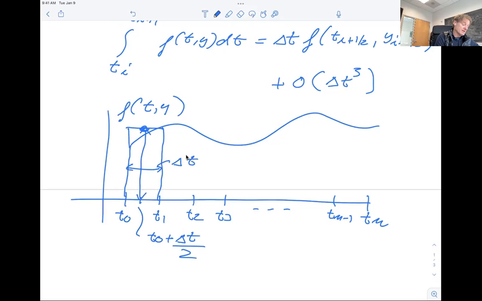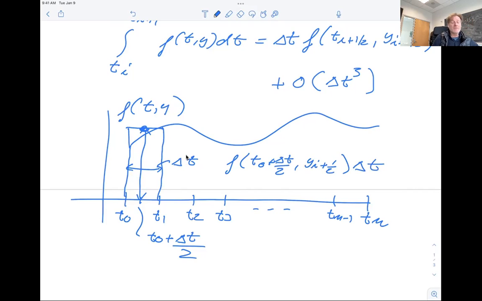So this area is given by f of t0 plus delta t divided by 2, and then we are plugging in the value of y_i plus this delta t divided by 2, but we just write it as a half here. And this is multiplied with delta t.